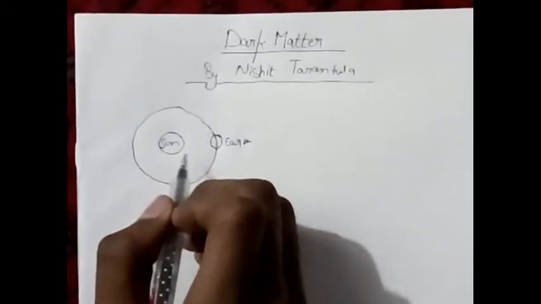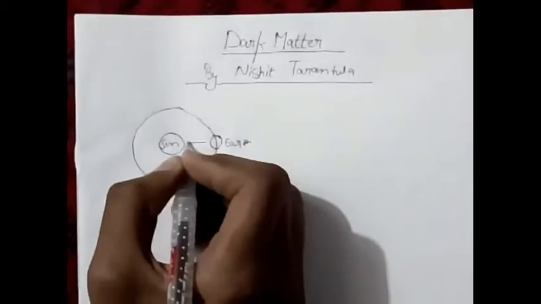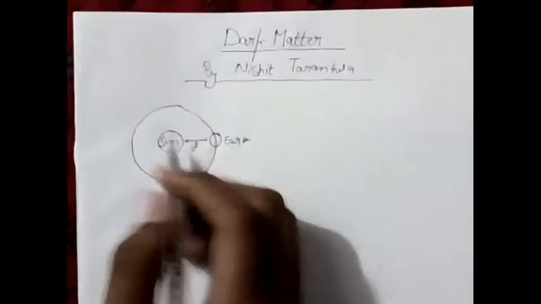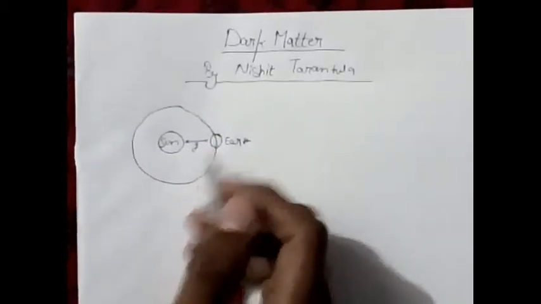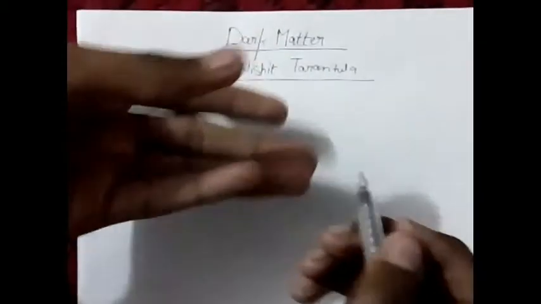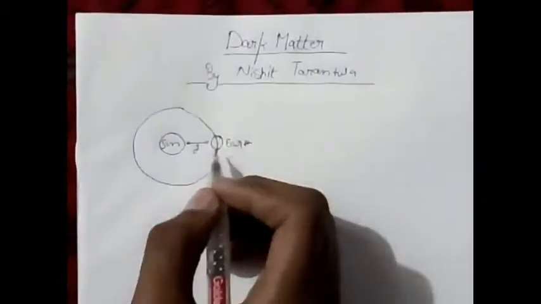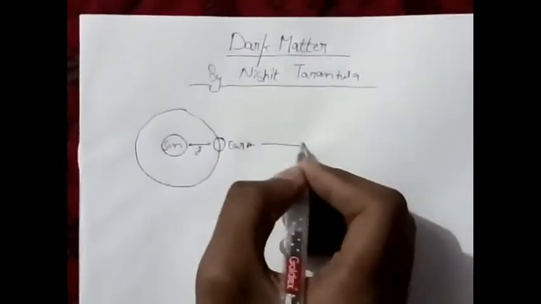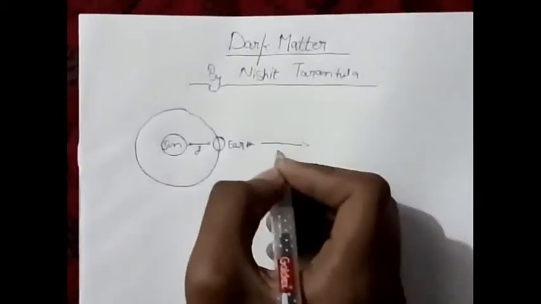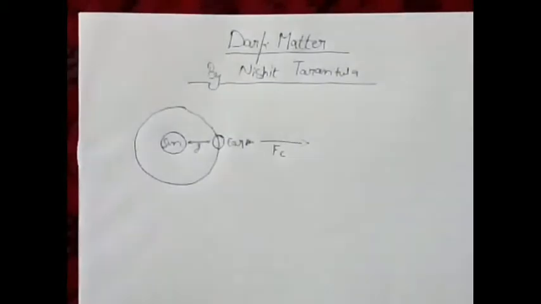But if there was only one force, which is the force of gravitation of the sun towards the Earth, then Earth would be directly eaten by the sun. So to make a balance, there's one more force, which is the centripetal force, denoted by Fc.